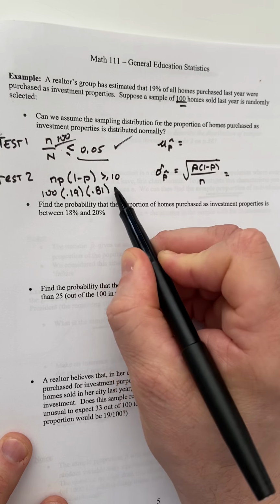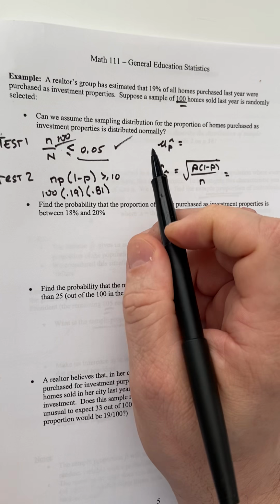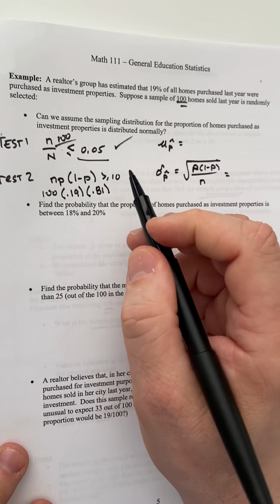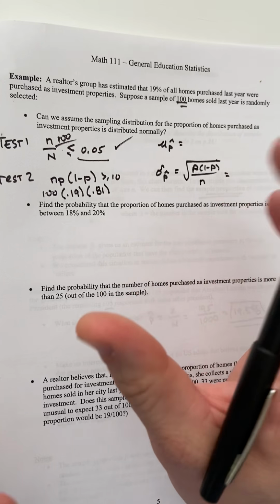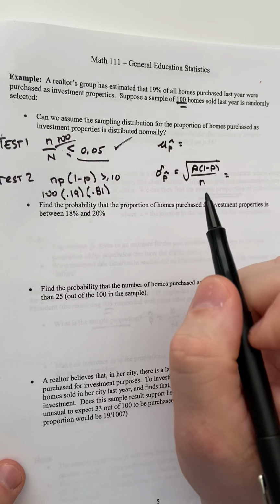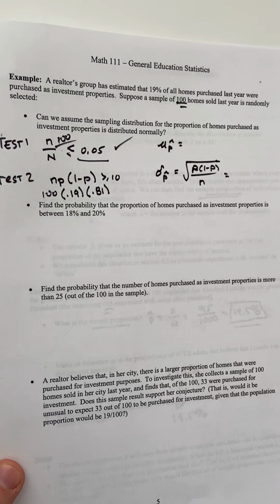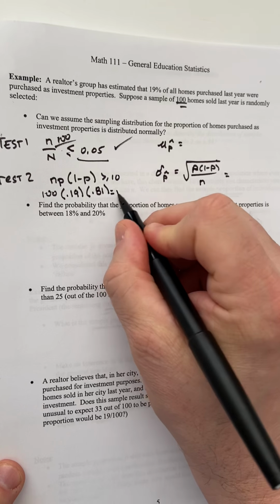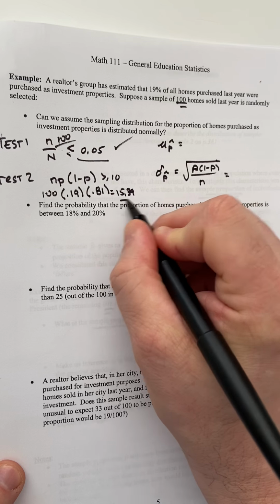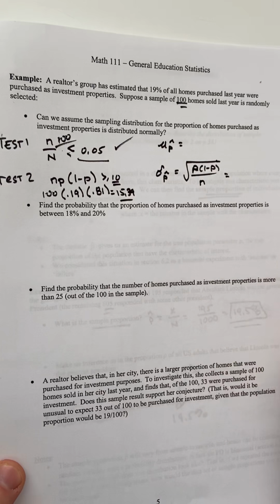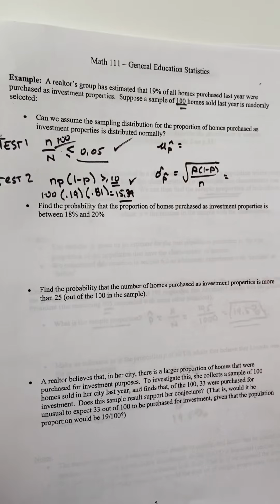I hope I've done that correctly. When you do that, 15.39. Is 15.39 big enough? Yes. That's kind of disappointing because now we have to do the rest of the problem.